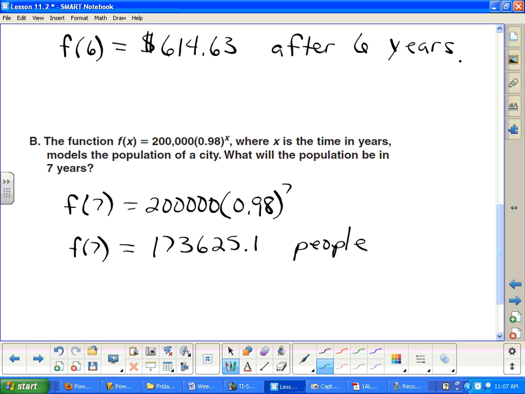You can't have part of a person, but we're always going to take all of our numbers to 2 decimal places unless it asks us otherwise. So you might say then that there's approximately 173,625 people.